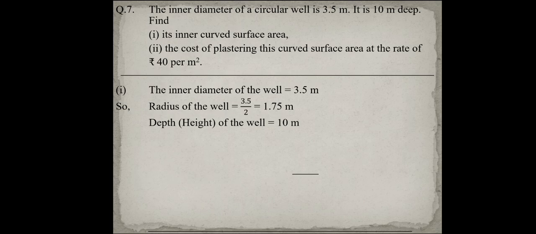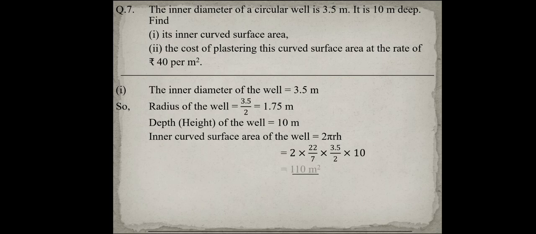So now the inner curved surface area, the formula is very simple, 2 pi rh. Put the values: 2 into 22 upon 7 into 3.5 upon 2 into 10 equals 110 meters square. Now the cost of the plastering. The rate is rupee 40 per meter square, but here the area is 110 meter square.